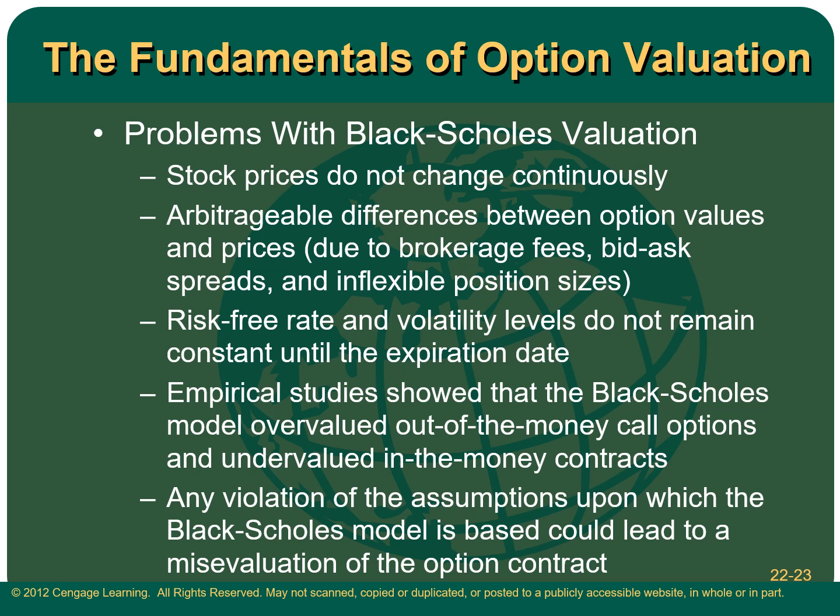Empirical studies showed that the Black-Scholes model overvalued out-of-the-money call options and undervalued in-the-money contracts. Any violation of the assumptions upon which the Black-Scholes model is based could lead to a misvaluation of the option contract.